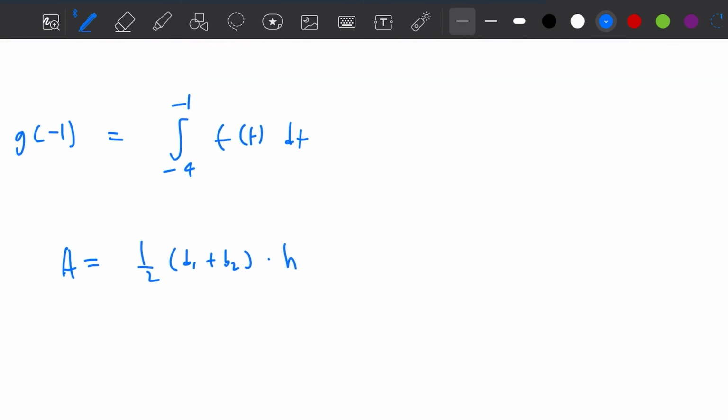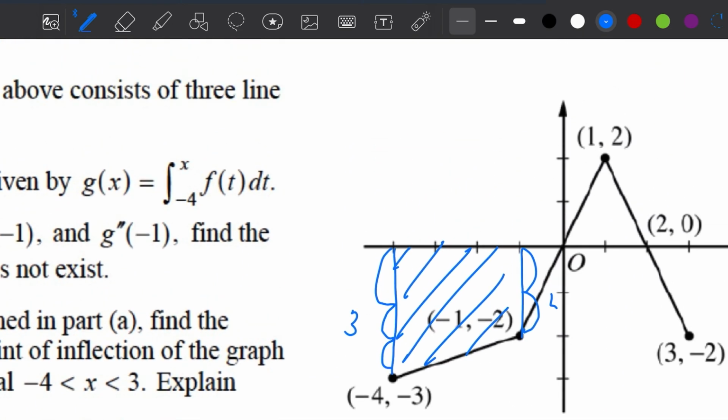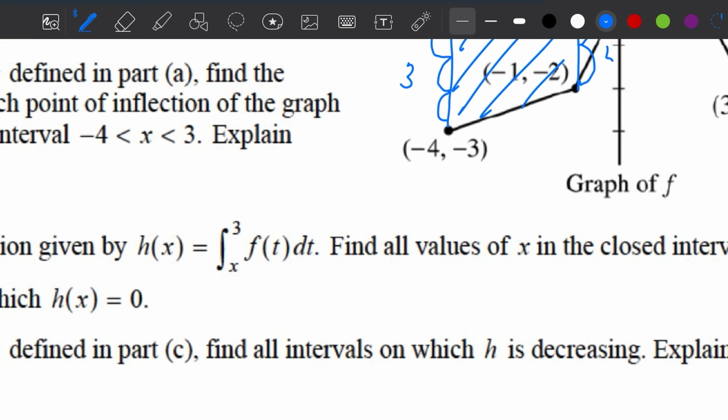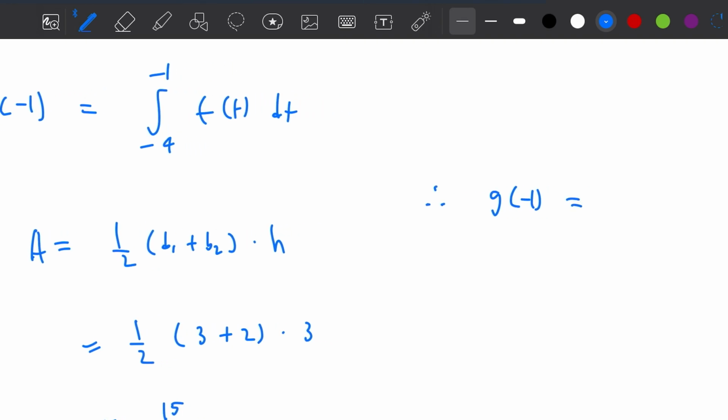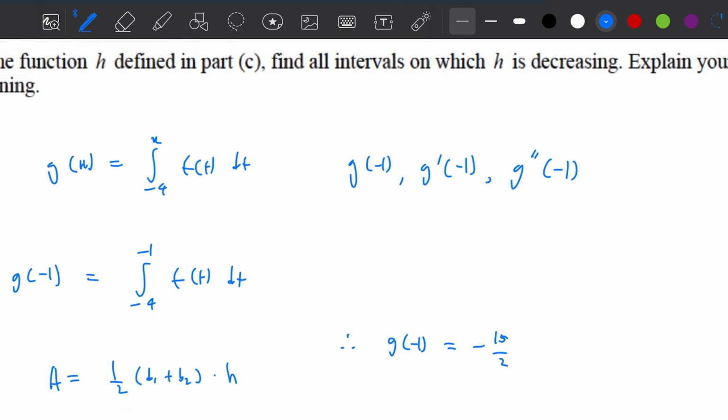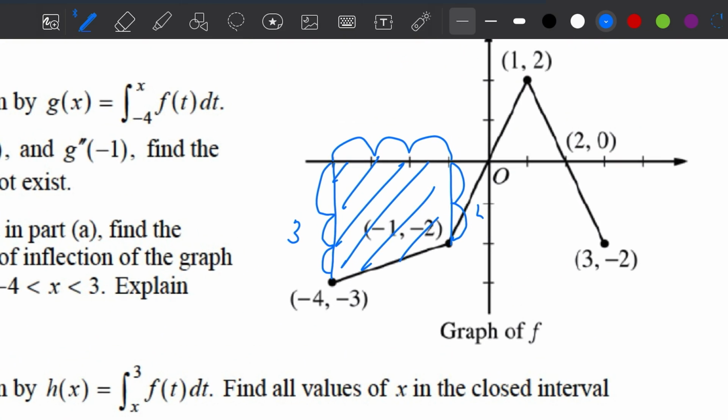So we can see that 1/2 times (3 plus 2) times height, which is 3 as well, would give us that the area of this trapezoid is 15/2. Therefore, g(-1) equals -15/2, since the region is below the x-axis, so the area will be negative.